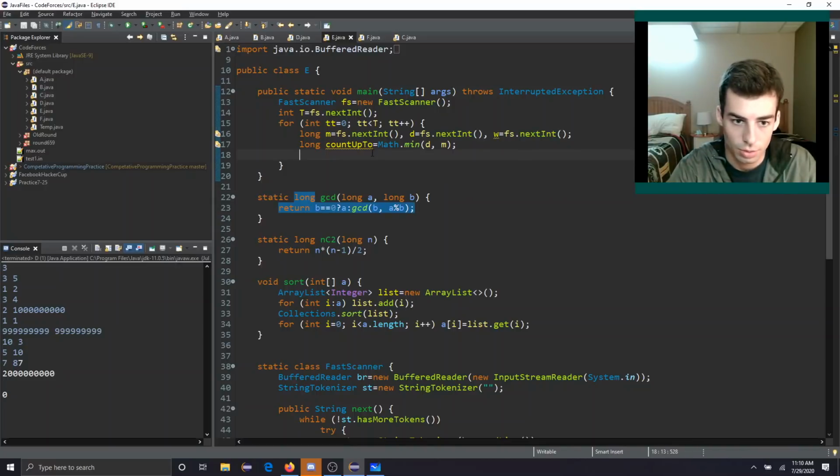Okay, so now, long real mod equals W divided by GCD of W and D minus 1.